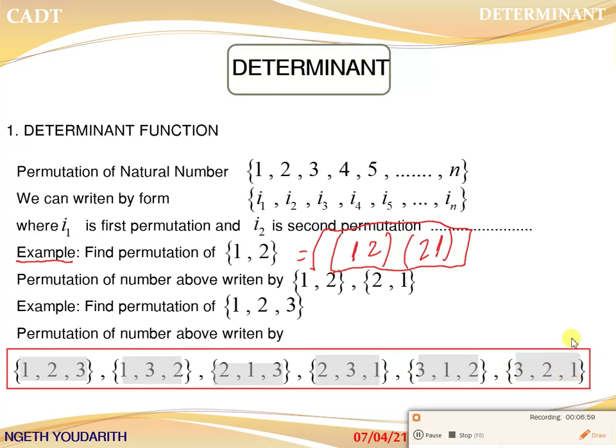This is how we write the permutations of 1, 2, 3. So for the permutations of 1, 2, 3, we get 6 permutations.